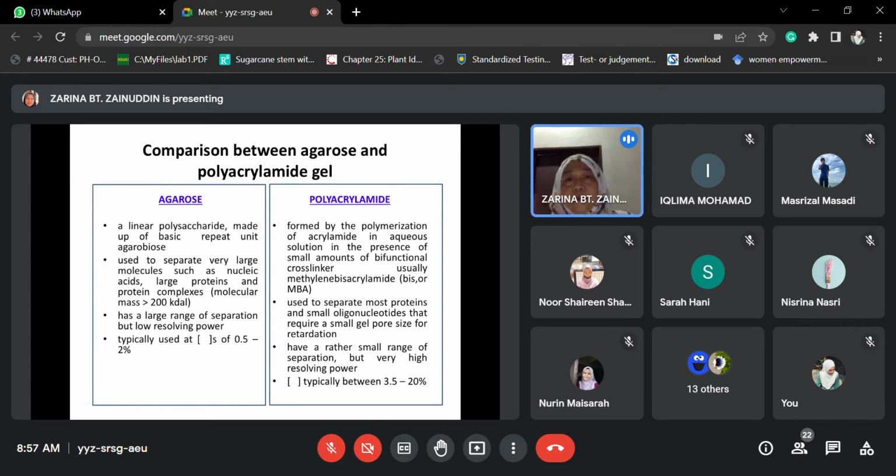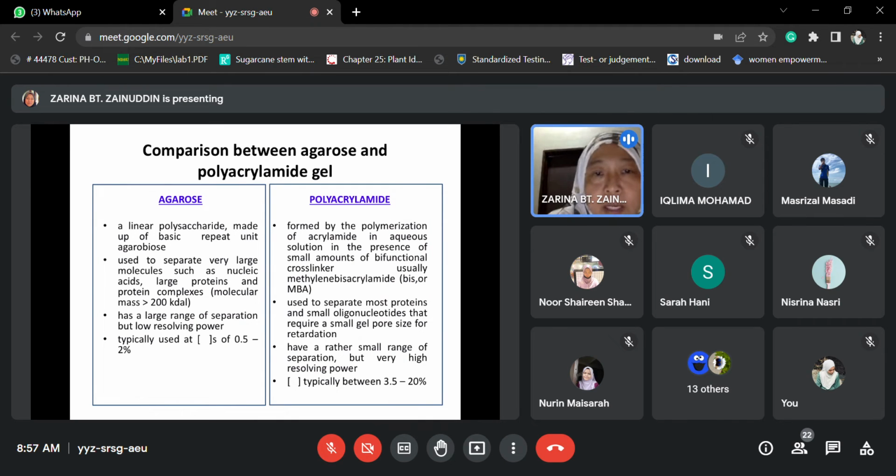Alright, so this is a comparison between agarose and polyacrylamide gel. For agarose, agarose is actually a linear polysaccharide. Normally kita dapat agarose ni daripada microalgae, seaweed.